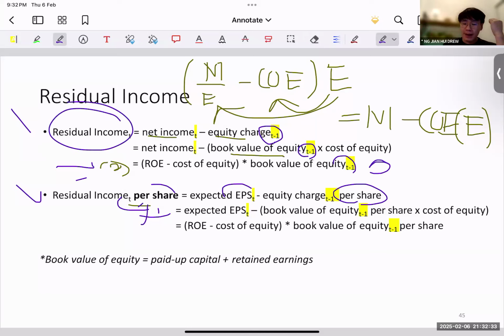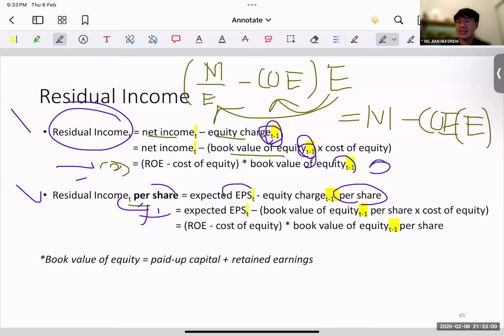Okay, so why use T minus 1 again? Because your cost relates to the cost incurred in the current period, but based on the book value of the equity in the last period. For example, your earnings now are based on the cost incurred by the equity of the last period.